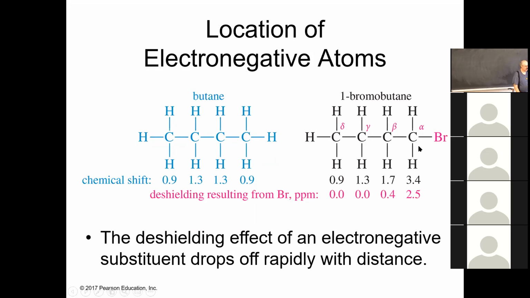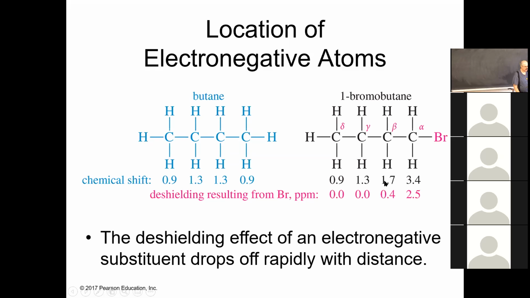The farther protons are away from an electronegative atom, the less effect it has. So here's 1-bromobutane, and the alpha hydrogens will show up at about 3.4.